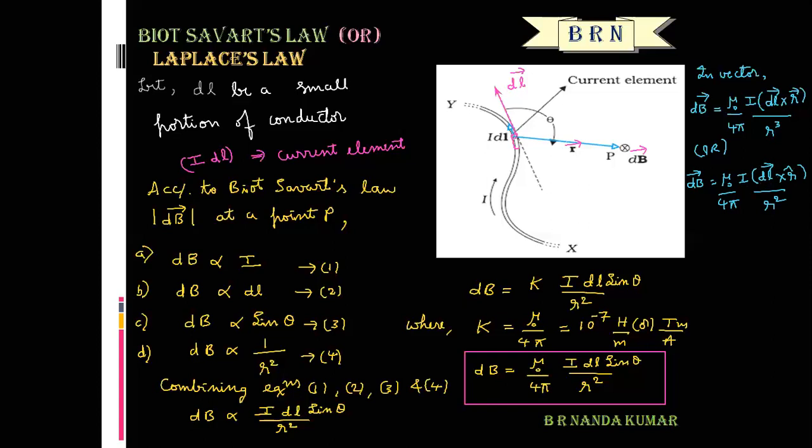Again applying the magnitude here, the magnitude of dl vector cross r cap is magnitude of dl vector, magnitude of r cap, sine theta. The magnitude of r cap is 1 because r cap is a unit vector. So this law gives the magnitude of magnetic field around the current carrying conductor, and this is very important.